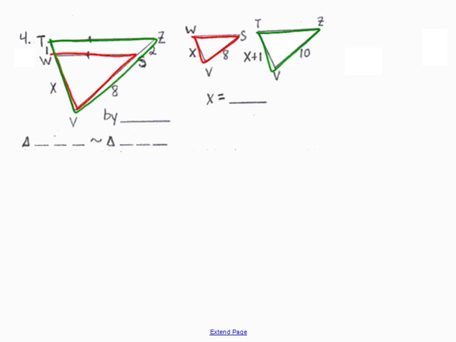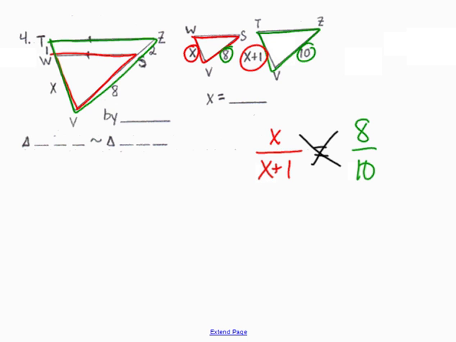So I'm going to say x and x plus 1 are going to be similar. x plus 1. And I'm going to say 8 and 10. 8 and 10 equals, so now when we do this, it's just a lot of algebra.